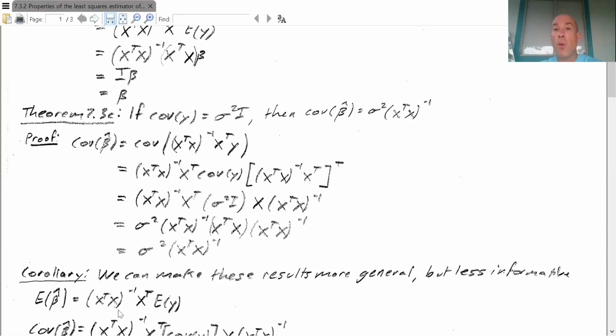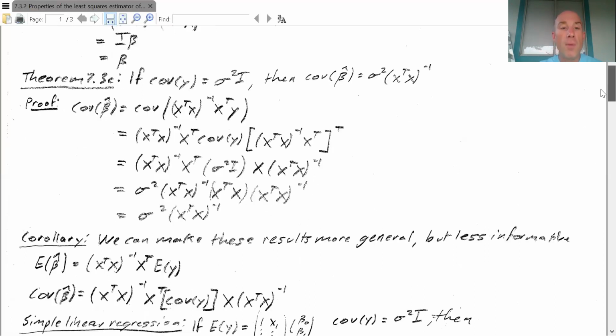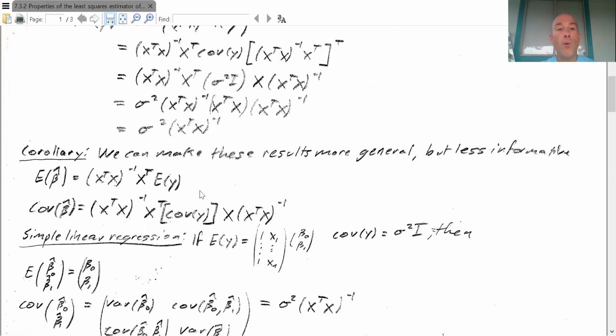That's basically following the proof and stopping early, not applying the assumption on the expected value. I could also do the same thing with the covariance. If I go through this proof and I know the covariance of Y, but it's not necessarily sigma squared times I, let's say I don't have 0 covariance, then this formula will give me the covariance of my beta hat.